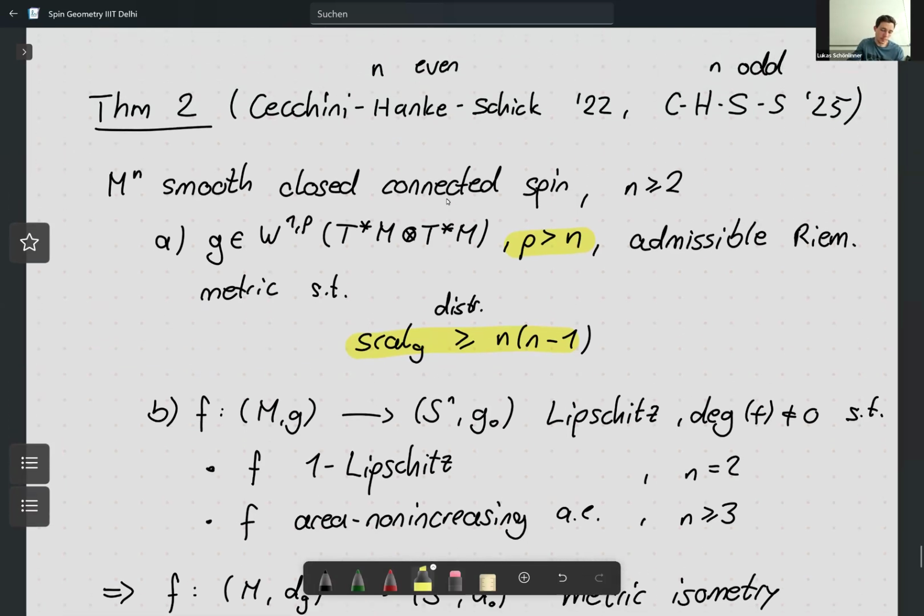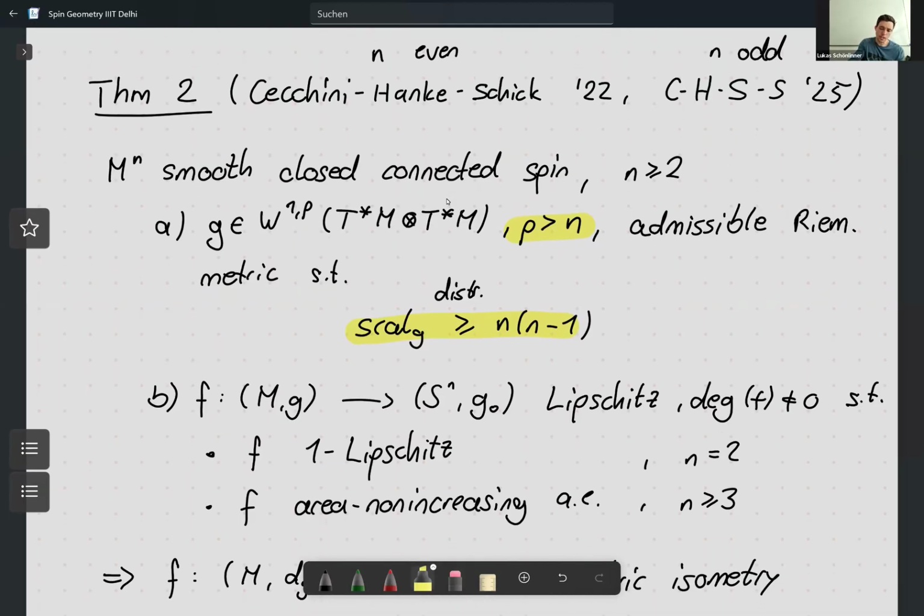And so last time I sketched the proof for the even dimensional case. Today I want to say something about the odd dimensional case.